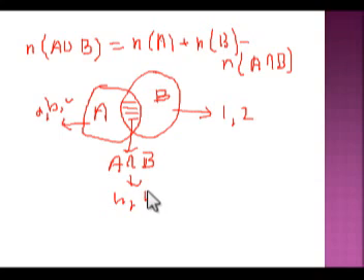Then you can see that A actually has 5 elements: A, B, C, H, 5.